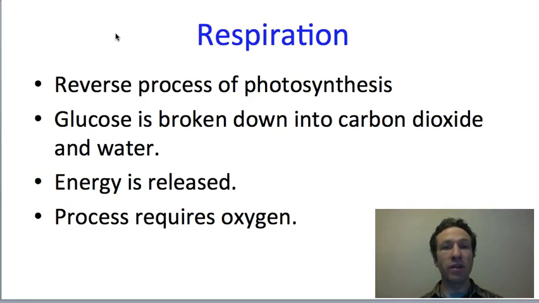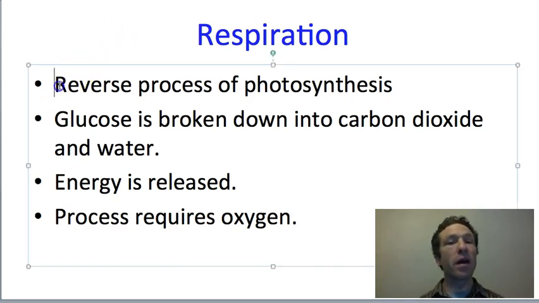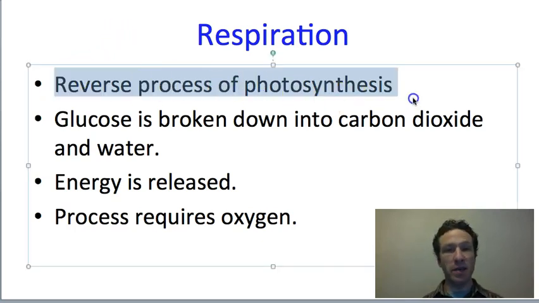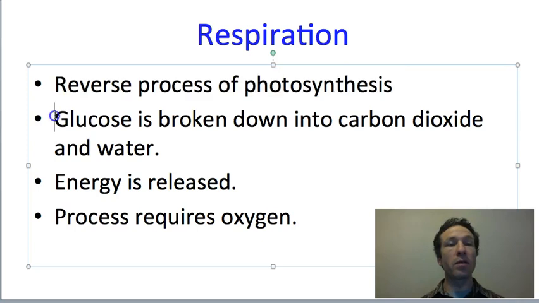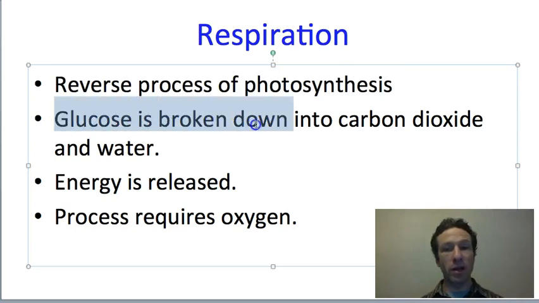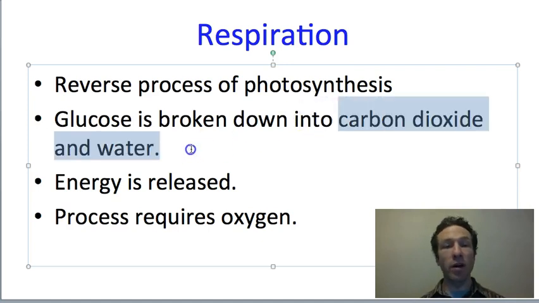We will also go over now a summary of the process of respiration. Respiration is basically the process of photosynthesis in reverse. So if glucose was made during photosynthesis, then glucose is broken down during respiration. And if carbon dioxide and water were the reactants in photosynthesis, then carbon dioxide and water are the products of respiration.